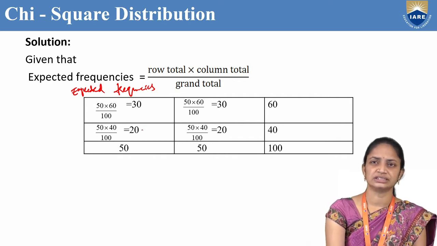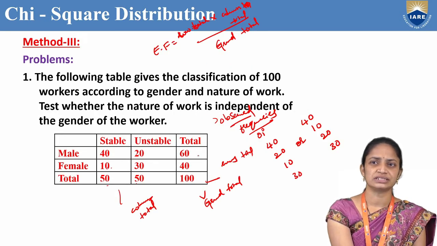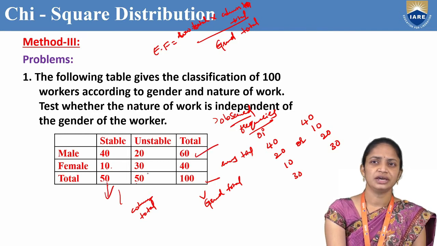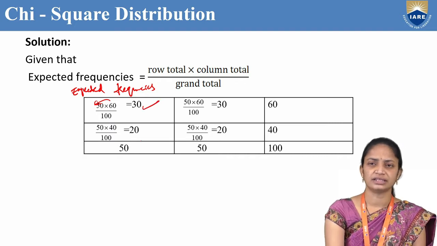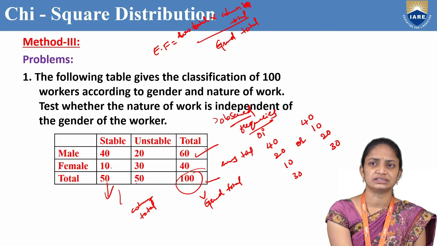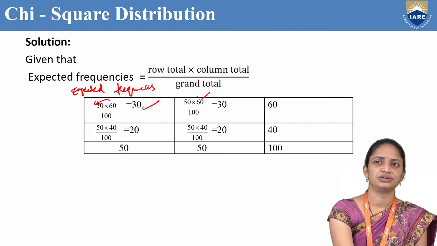Here the row total is 60 and the column total is 50. So 60 into 50 divided by the grand total 100, that is 30. Like that, the row total is 60 and the column total is 50, so 60 into 50 divided by 100 is 30.